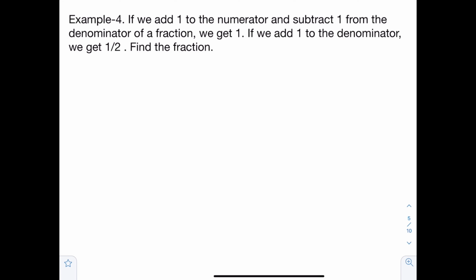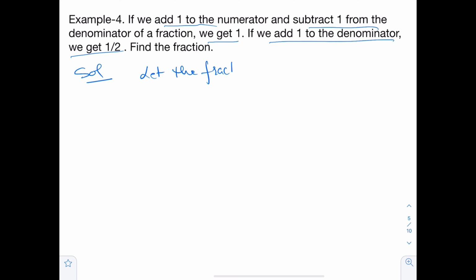Now example number 4. If we add 1 to numerator and subtract 1 from denominator of a fraction, we get 1. If we add 1 to the denominator, we get 1 by 2. Find the fraction. So let the fraction be x by y.